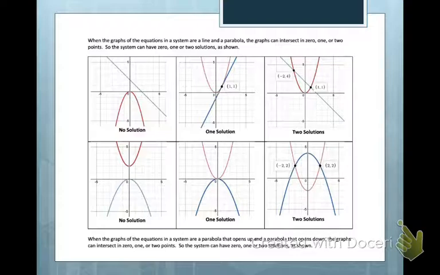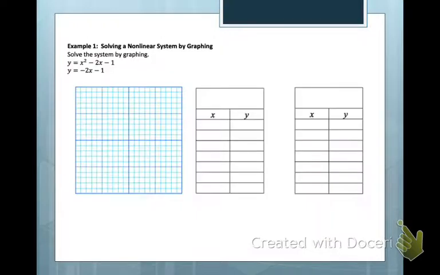So the systems can have that many solutions. Let's look at example 1 and solve this nonlinear system by graphing.